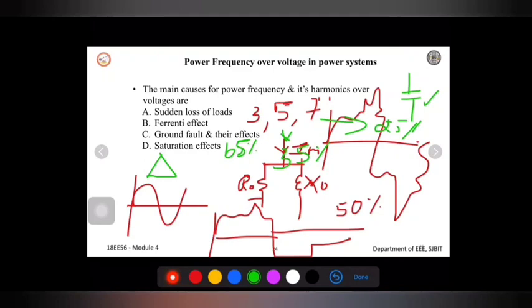When this overvoltage adds, the voltage rise within the line will once again happen significantly. Already there was an overvoltage, and adding some compensation also can lead to an overvoltage within the system. This is called the saturation effect, where the transformer magnetizing current is increasing in a transmission line. So these are a few reasons related to the overvoltage with respect to the power frequency.